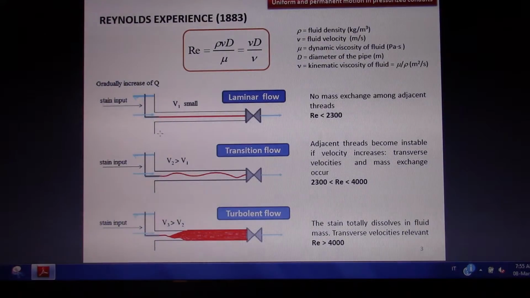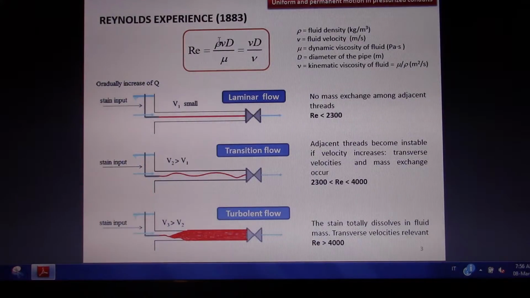Alright, so following these experiments, he was able to define a new quantity which was called the Reynolds number, Re. The Reynolds number is given by the density of the fluid, rho, times the velocity of the fluid, times the diameter of the pipe, over mu, which is the dynamic viscosity of the fluid.